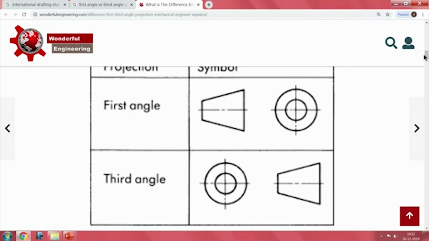In the case of first angle, it appears that we shine a light here and then keep a screen which captures it, and when you do it here and then you do it here, you get two things.